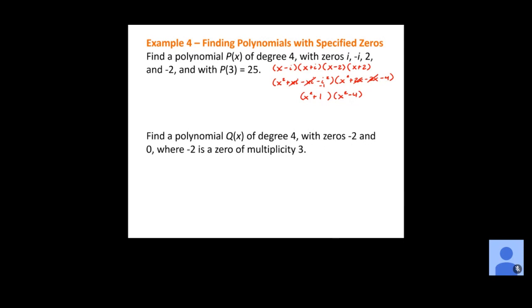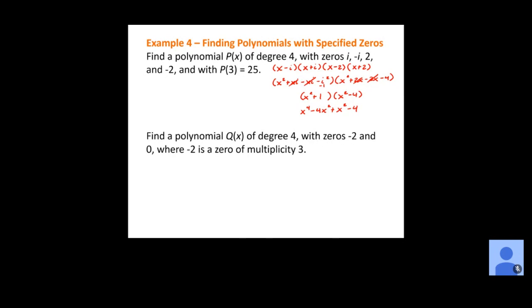So again, it's just going to be FOIL again because I've got two terms and two terms. X squared times x squared is going to give us x to the fourth. Outer terms here would give us a minus 4x squared. Inner terms are going to be plus 1x squared. And our last terms, minus 4. Now it's just a matter of combining like terms here.